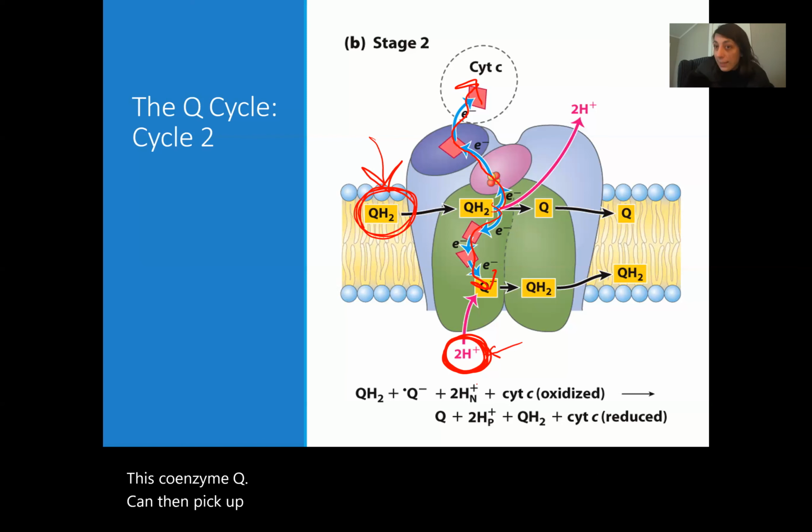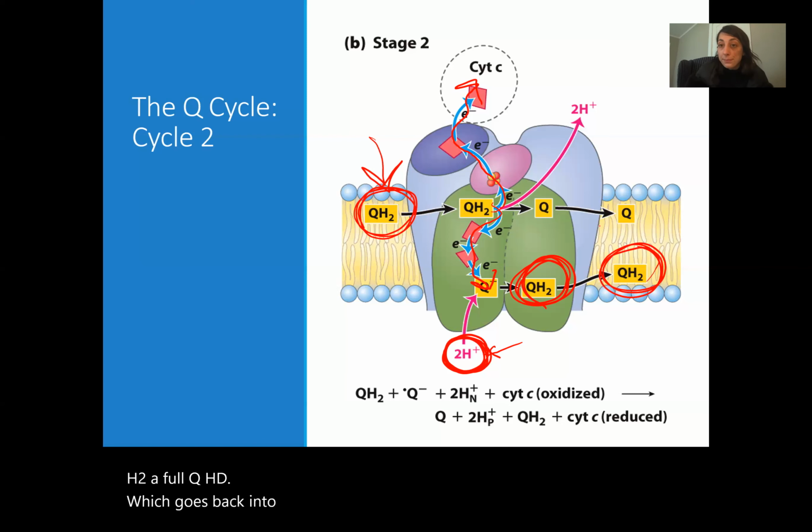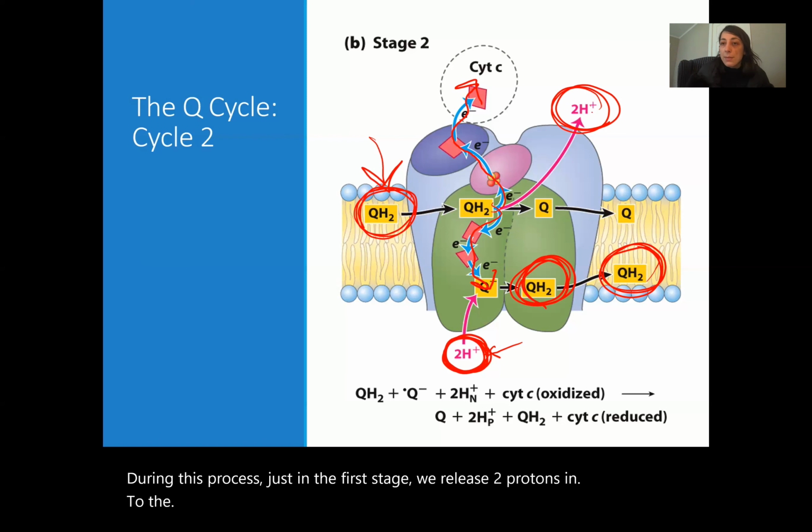It now has its second electron and it makes a full QH2, which goes back into the inner membrane. During this process, just like in the first stage, we release 2 protons into the inner membrane space of the mitochondria.